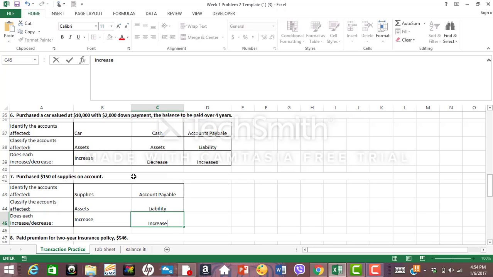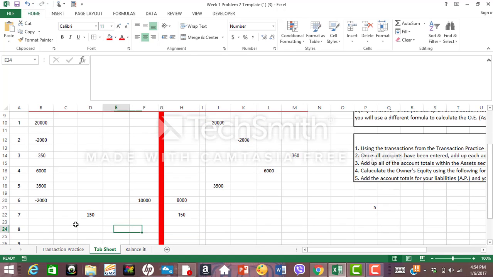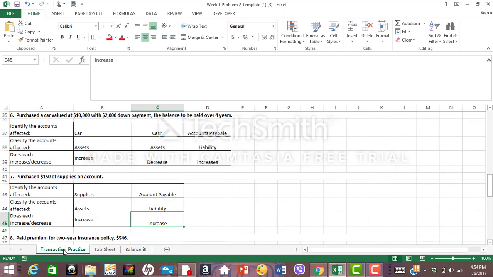So that is the worth of $150. So 150 under supplies, 150 under accounts payable. And feel free to pause the video as I go along, so that you can fully understand why certain transactions go under certain accounts.